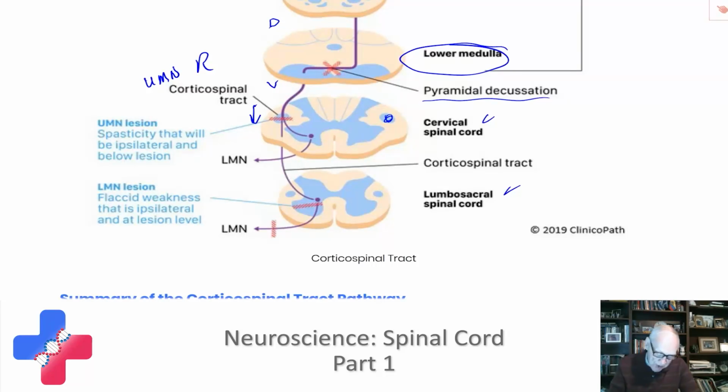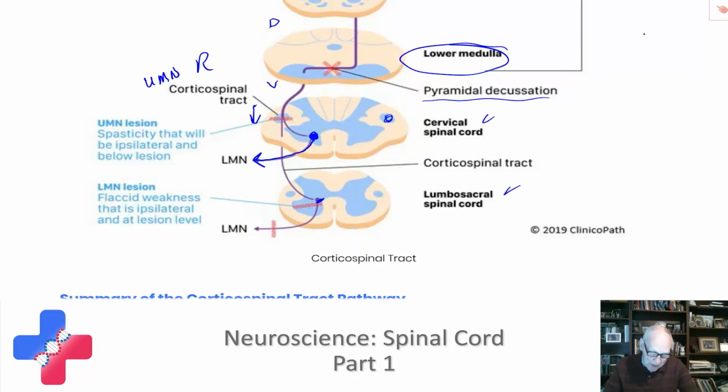Now notice in the ventral horn, we have the cell bodies of the lower motor neurons, alpha and gamma, but alpha shown. And so the alpha is the lower motor neuron system here in the ventral horn. And these flow out through the spinal nerve system out to that particular spinal nerve at that level to innervate the skeletal muscle supplied by that spinal nerve.